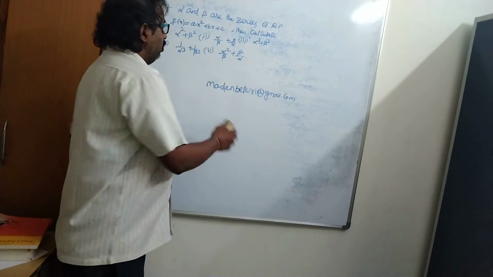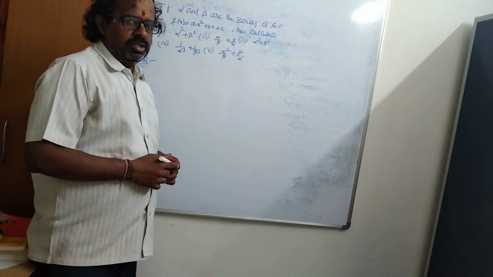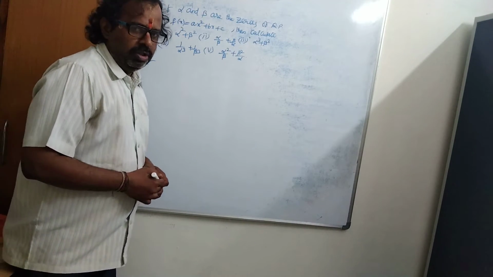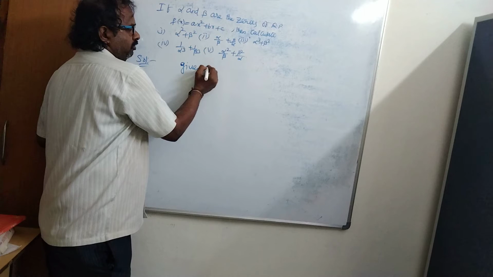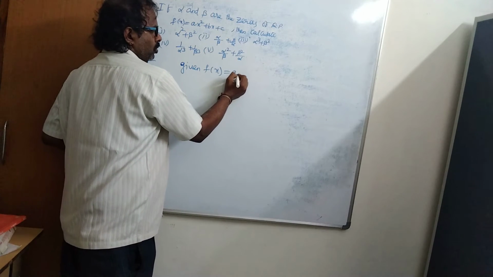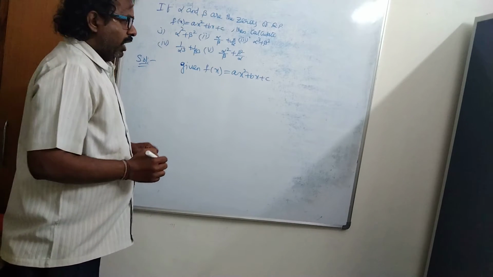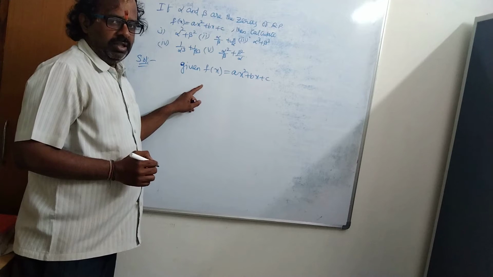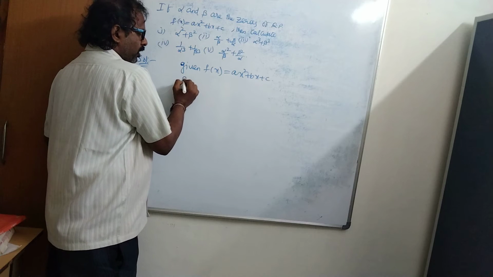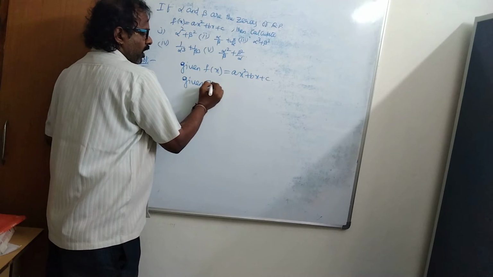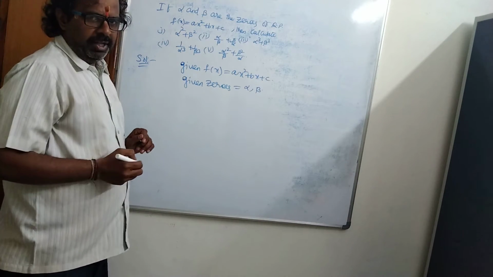So first, whenever you are doing quadratic polynomial problems, the first thing is we have to write the quadratic polynomial that is given. So here given f of x is equal to ax square plus bx plus c, and after this we have to write the sum of zeros or product of zeros, but before that we have to write what the zeros are. So given zeros are alpha comma beta.